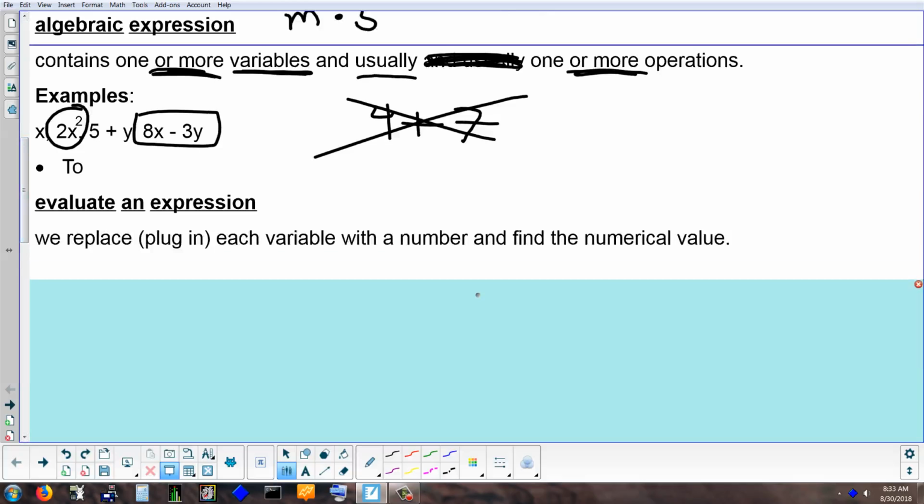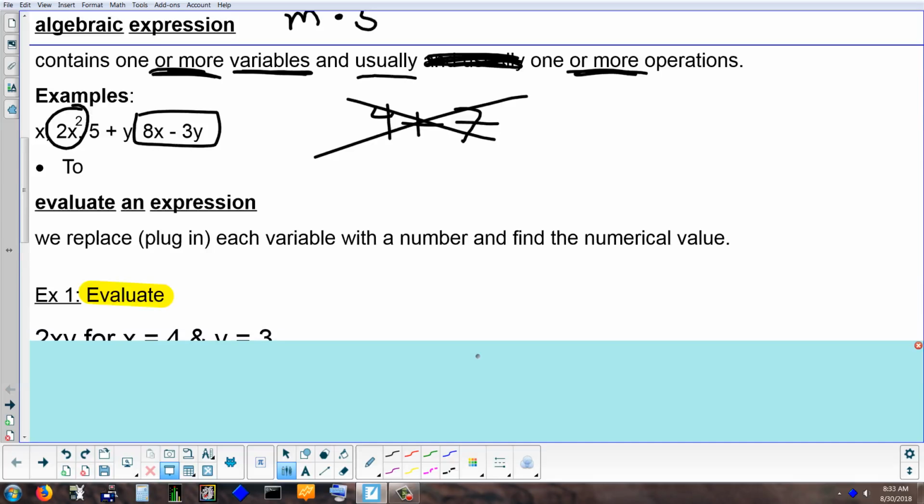Throughout the year, you're going to see directions on a test that may say evaluate. You might see directions that say solve. Very different directions. We'll talk about what it means to solve something, but evaluate means your answer is going to be a number. You're going to plug in, do a little arithmetic, and get a number.